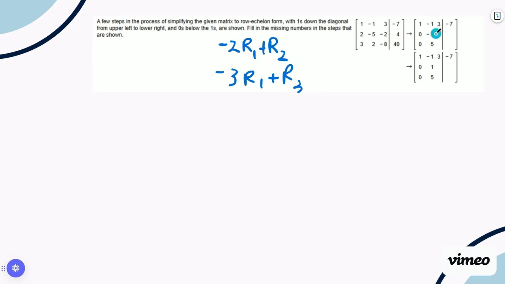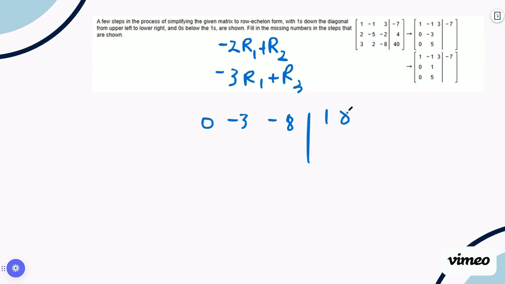So the first one is going to be negative 8. So we'll say 0, negative 3, negative 8. Negative 7 times negative 2 is positive 14, plus 4 is positive 18.